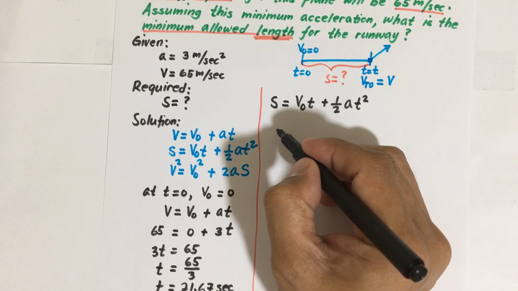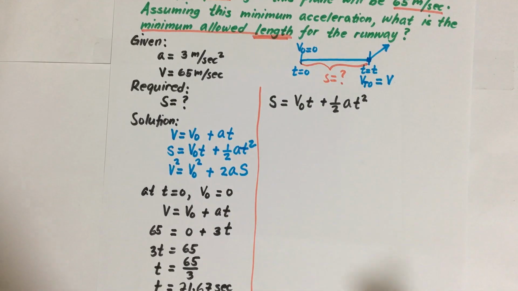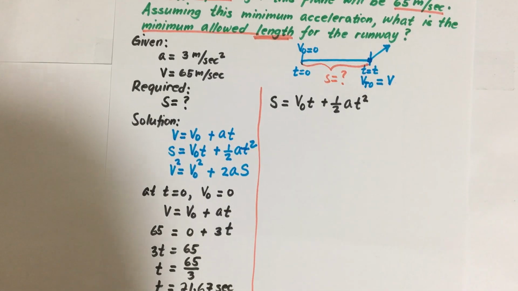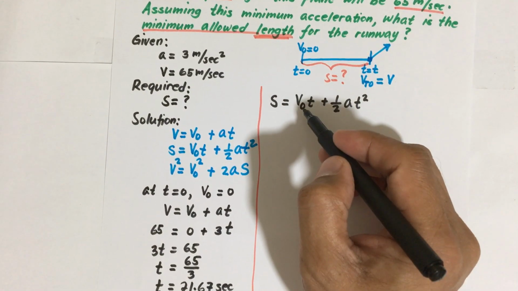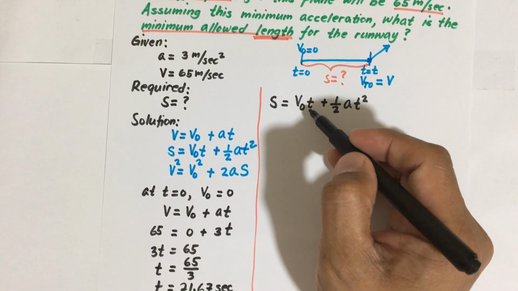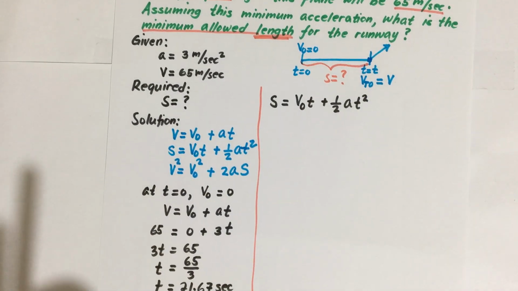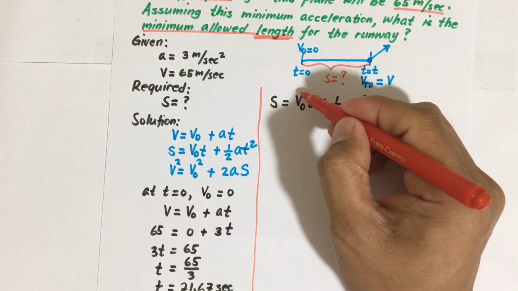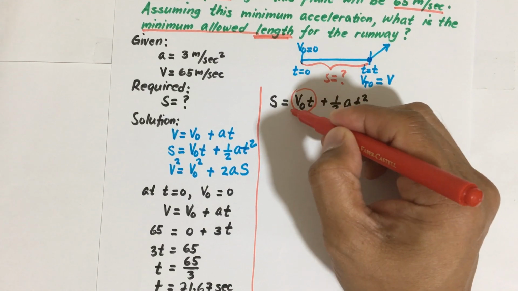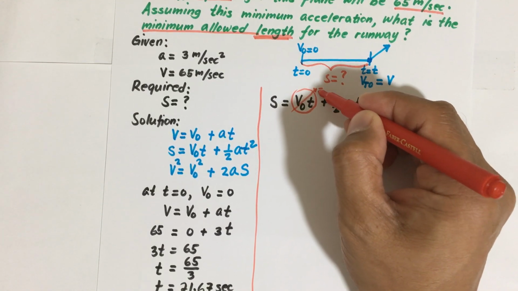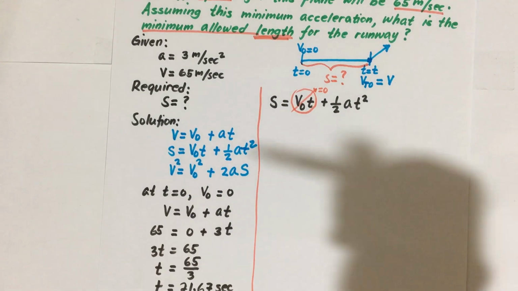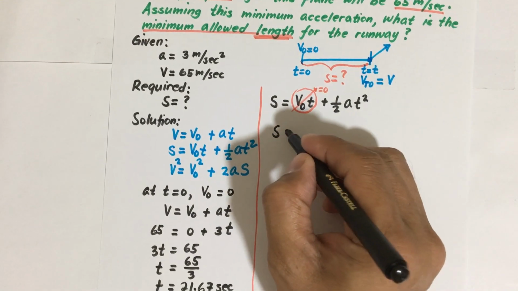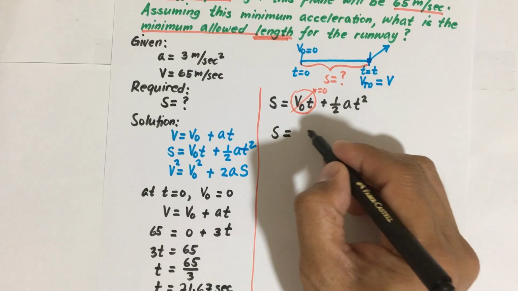Substituting, again at t equal to 0, v sub 0 is equal to 0, so the whole first term becomes 0.